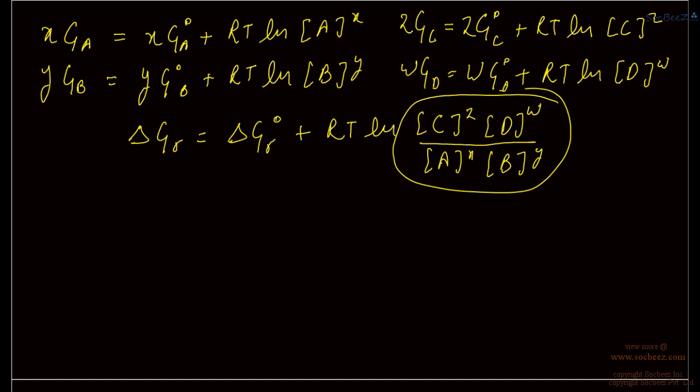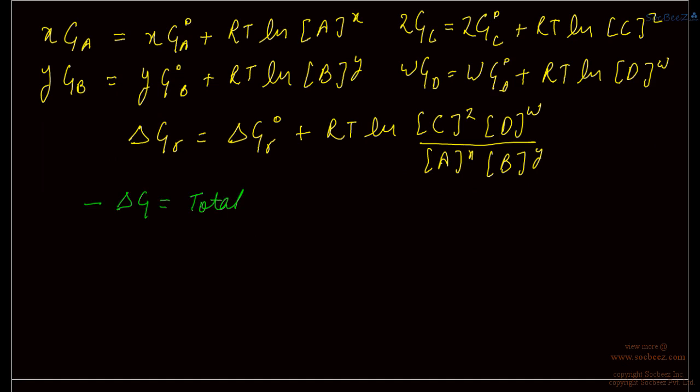Now, any spontaneous reaction occurring in a cell occurs with a decrease in free energy, and we already know this. Therefore, since a decrease in free energy is taking place, minus delta G equals total charge into EMF of cell.